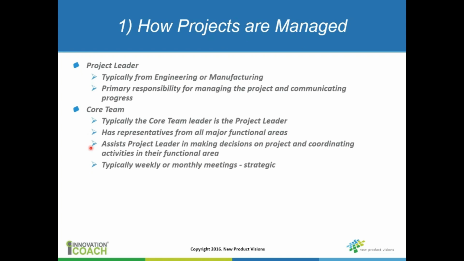It's really this virtual team that comes and goes based on the projects that assists the project leader in making all the strategic decisions on the project and then going back and coordinating activities within their functional area. So there might be a marketing representative on that team, and then they're going to go back based on high-level strategic decisions that happen in the core team and coordinate those activities within their functional group.